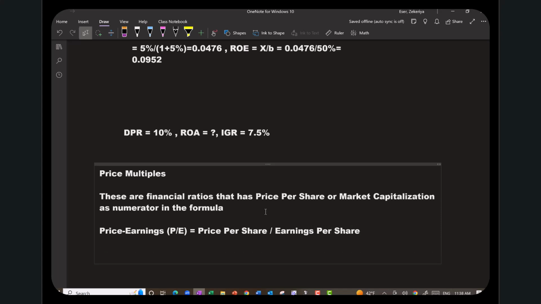There are two variants of PE you could calculate, at least two. One is called the trailing PE. This is earnings per share during the preceding or trailing 12 months. This is backward looking.